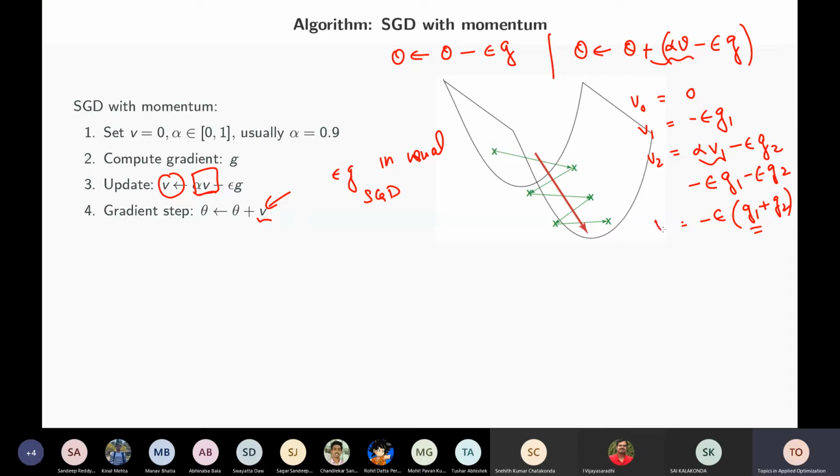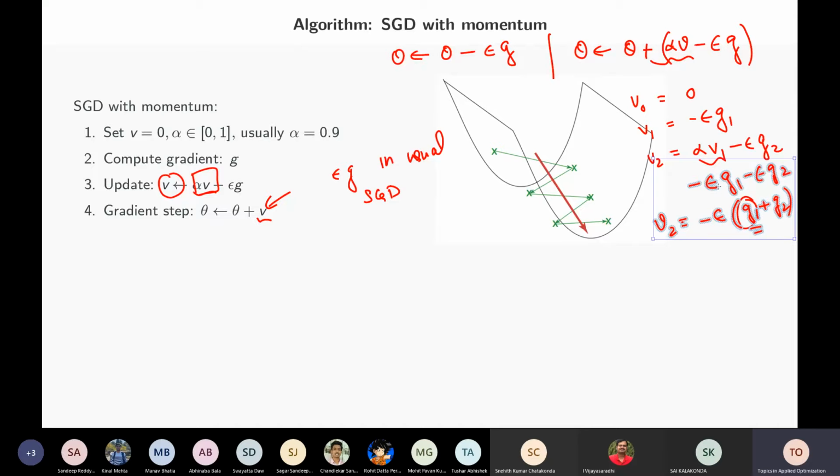So the current v2 that I get is a kind of average, because it involves g1 plus g2. I'm keeping hold of the old g1 and adding it to the current g2, and then doing the update. There is an additional alpha here too, since we had alpha times v1.